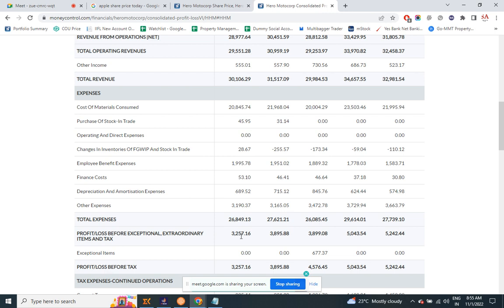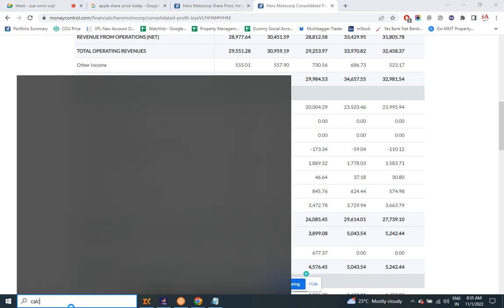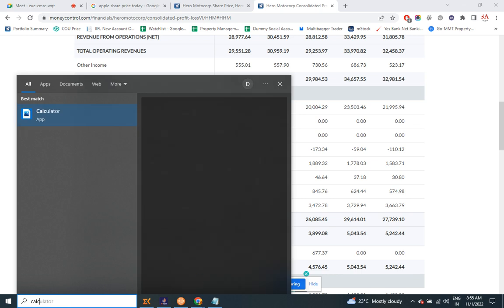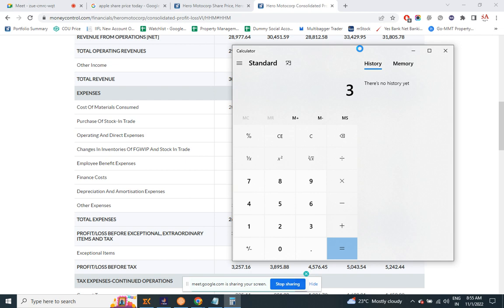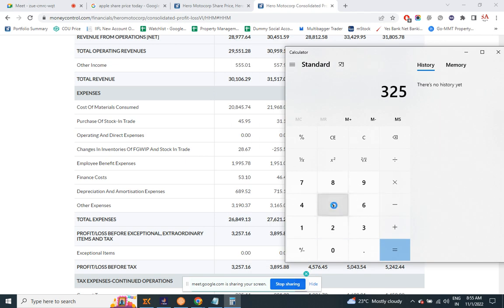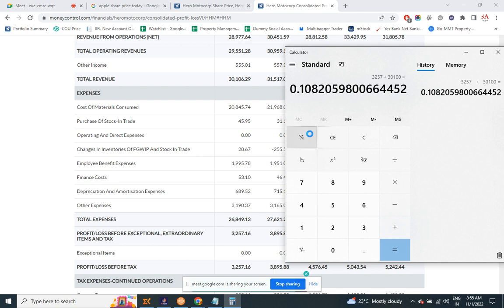It has got 3,257 divided by 30,000. So let us quickly do it. 3,257 divided by 30,100, into 100.